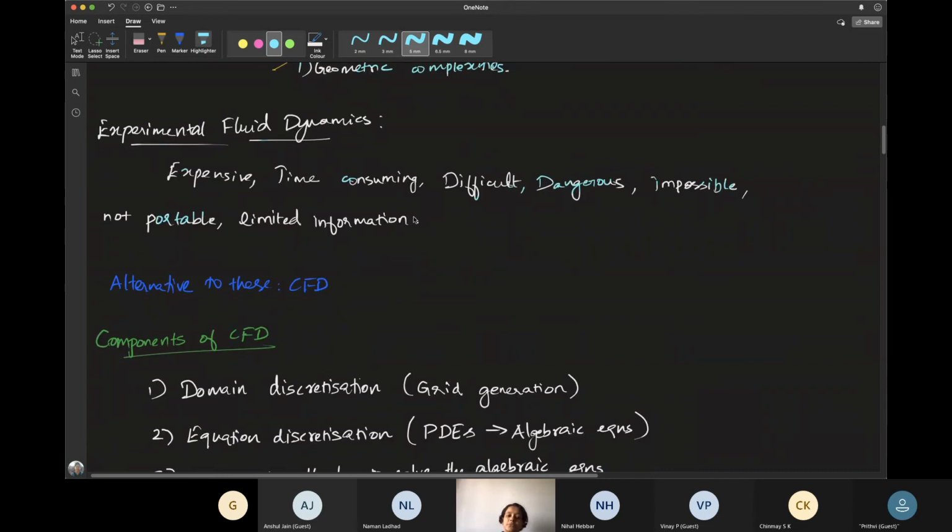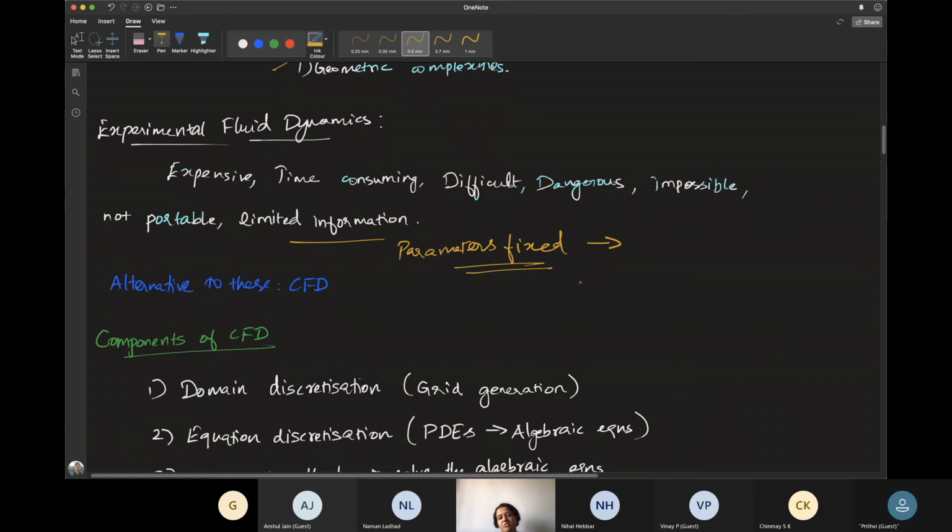And when you build a setup, you will put in some factors, like some of your parameters will be fixed, so that will lead you to having only some specific form of information depending on those fixed parameters only.